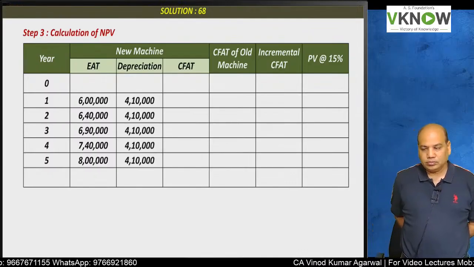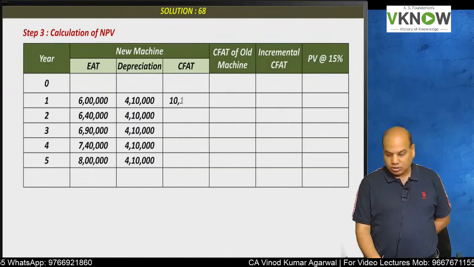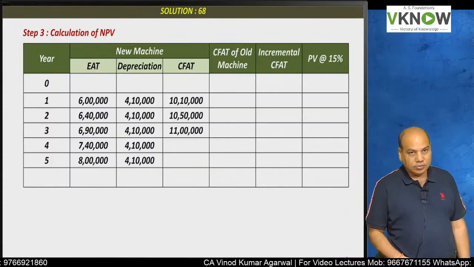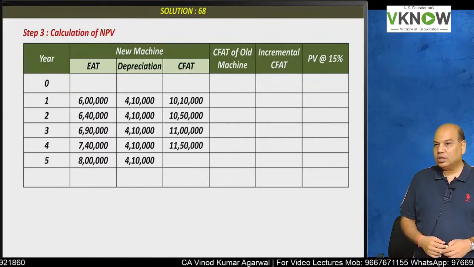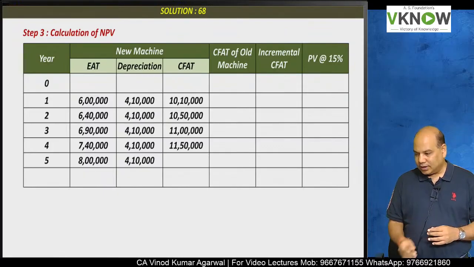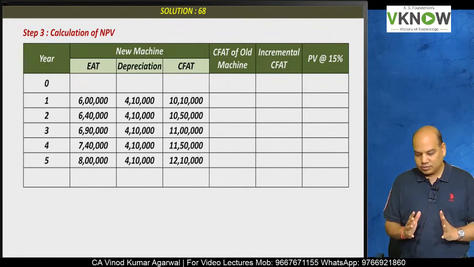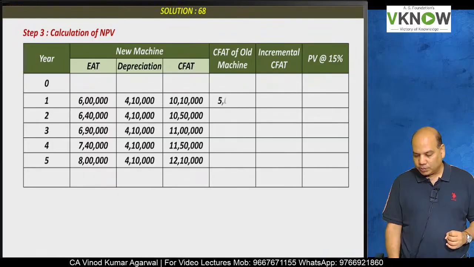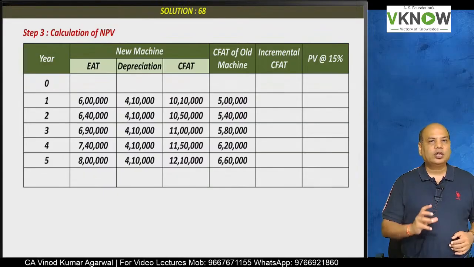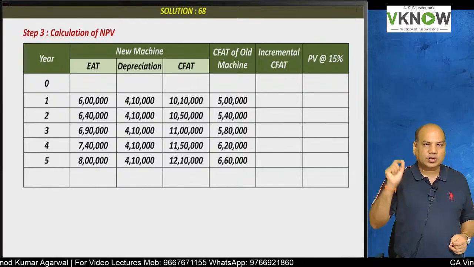Add depreciation, you will get 10,10,000, 10,50,000, 11 lakh, 11,50,000. And what is the last answer? 12,10,000 is right. CFAT of the old machine: copy from the question book first column. That does not require depreciation add back because the book value of the old machine is 0.